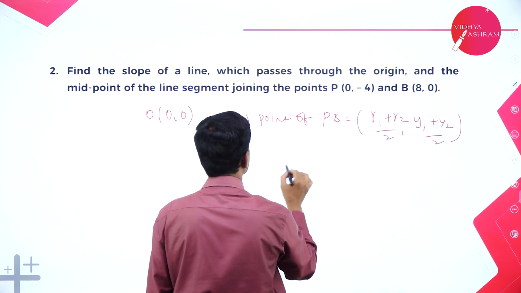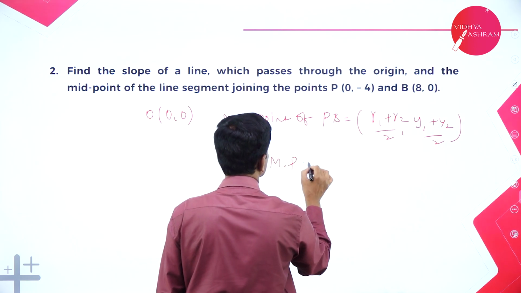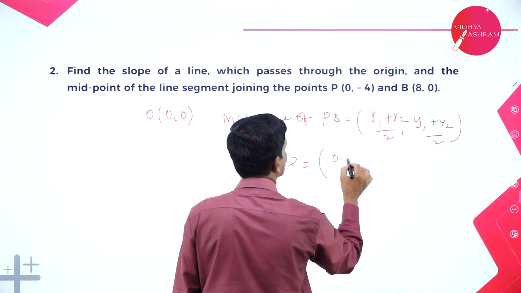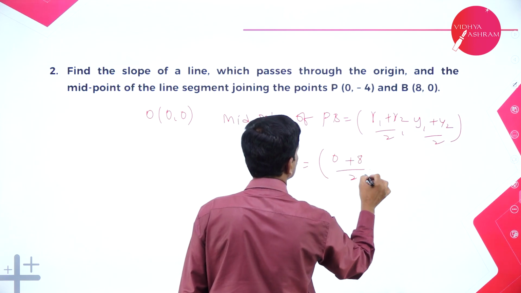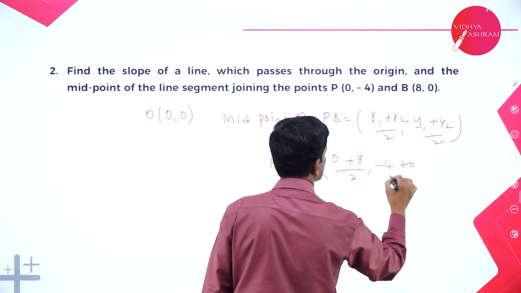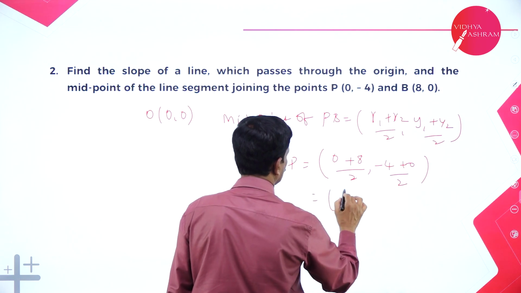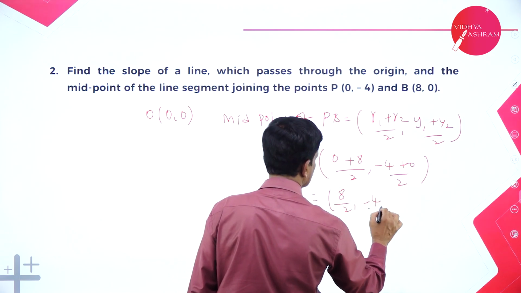So the midpoint is (0 plus 8) by 2, comma, (minus 4 plus 0) divided by 2. So 8 by 2, comma, minus 4 by 2.